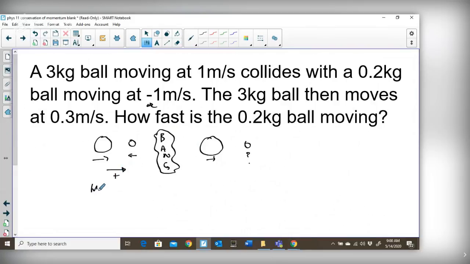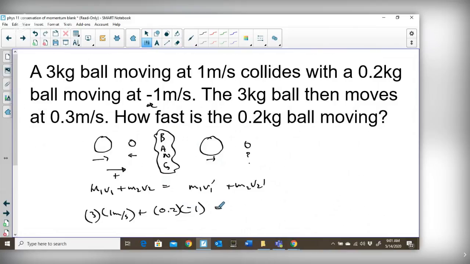All right, so we'll have m1v1 plus m2v2, that's equal to our m1v1 prime plus our m2v2 prime. Our m1 is 3 kilograms, and it's moving at 1 meter per second. And then we have our 0.2 kilograms, traveling at -1 meter per second.